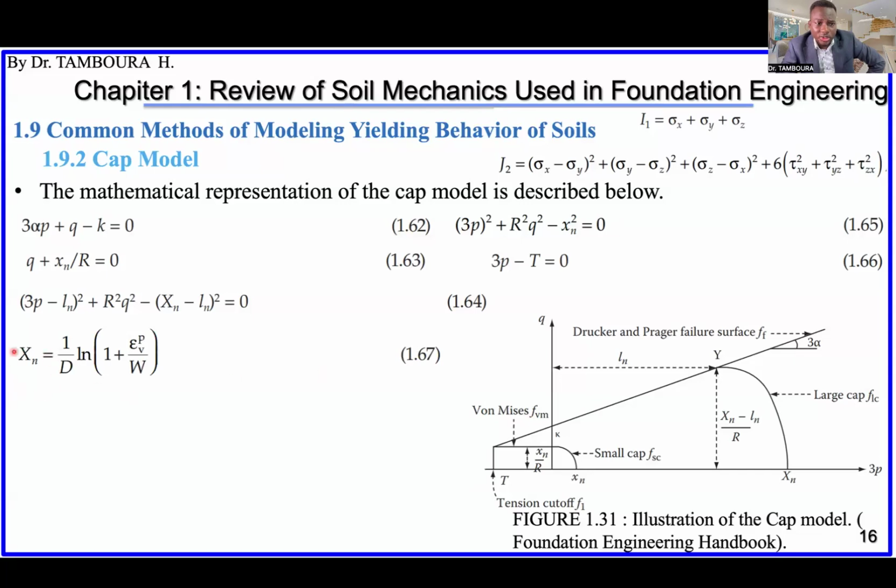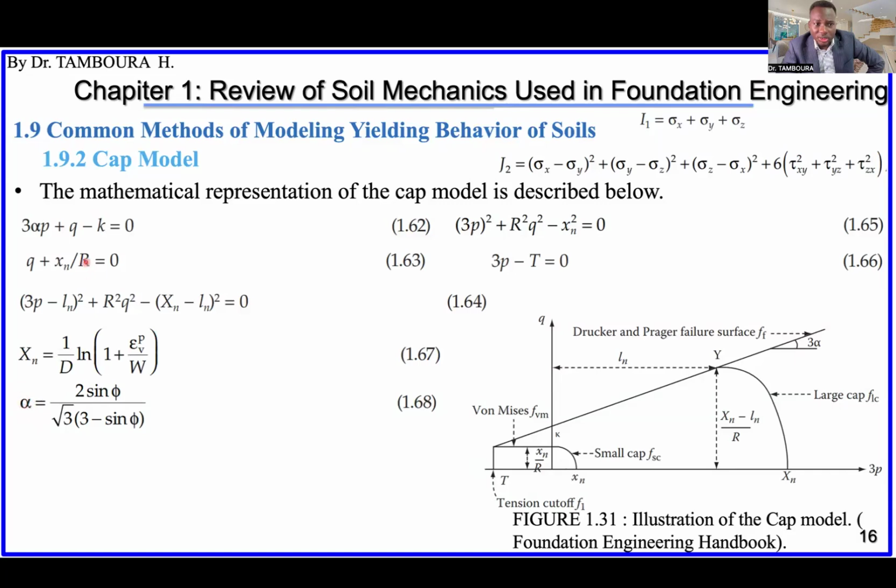So this xn, which is in here, means in the large cap. The equation of the large cap is given by this equation. D and W, as you can see, and this one are also necessary.